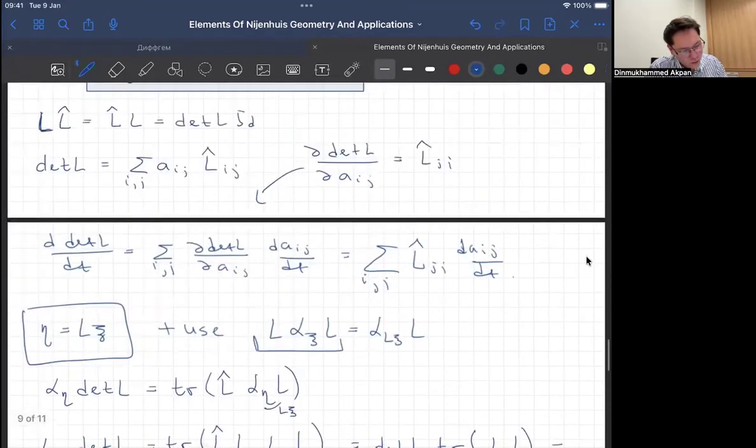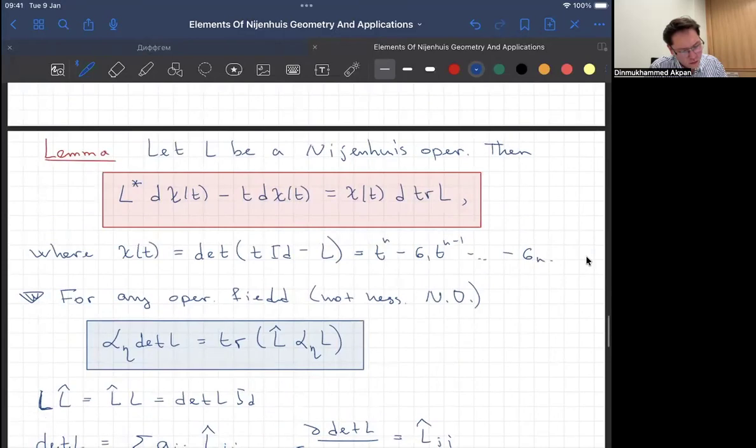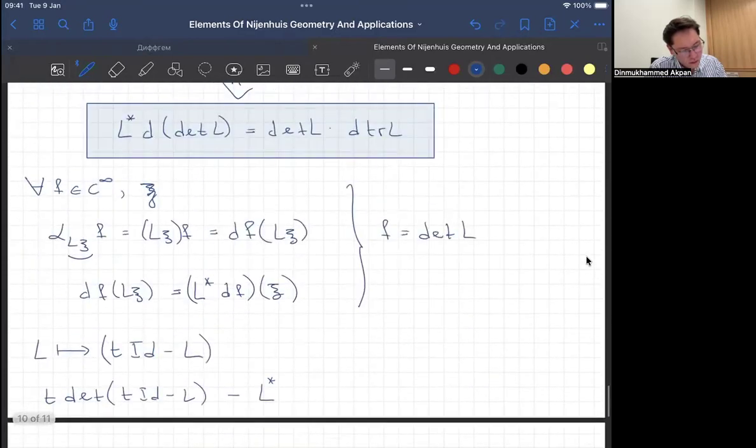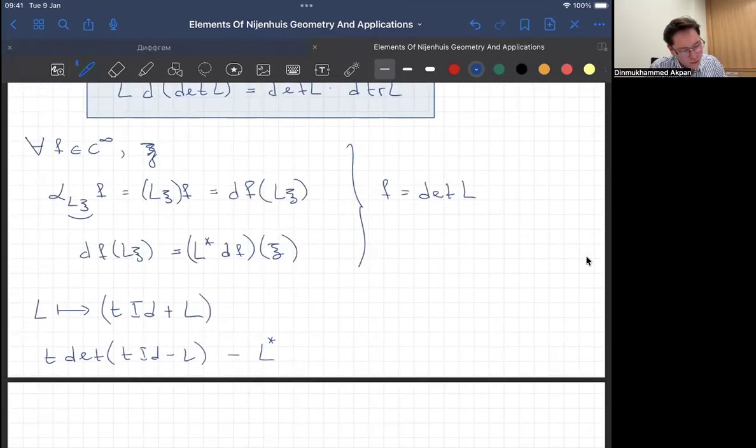So probably I need to change the signs: here is a plus, here is a minus.